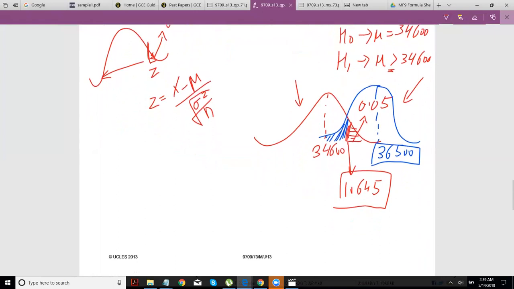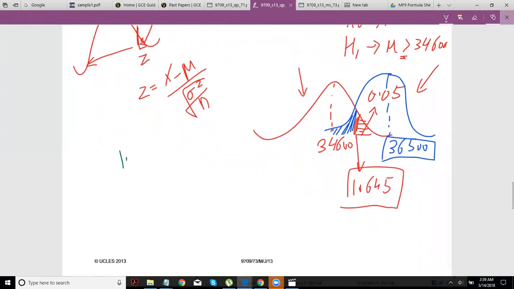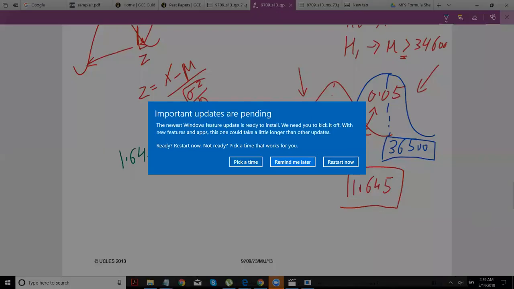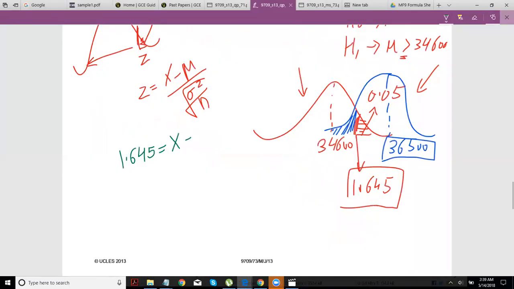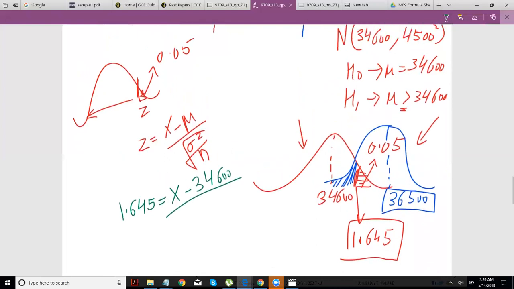Okay, so in this particular case, let me use a different color. With 1.645, you're trying to figure out the x value for this particular amount. Okay, and the old mean that we're talking about is this. What was sigma?